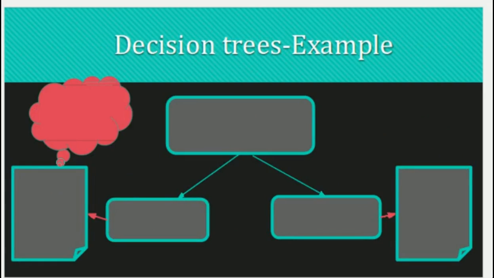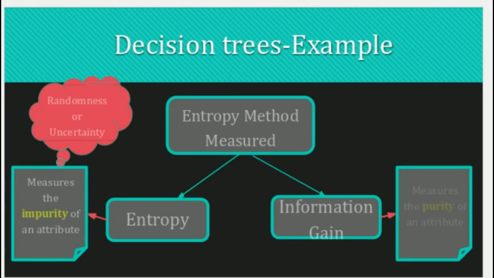Next, we want to find the most useful attribute in classifying a sample. So for root selection, there are two basic measures. First is entropy and second is information gain. Entropy is used to measure the impurity of an attribute.